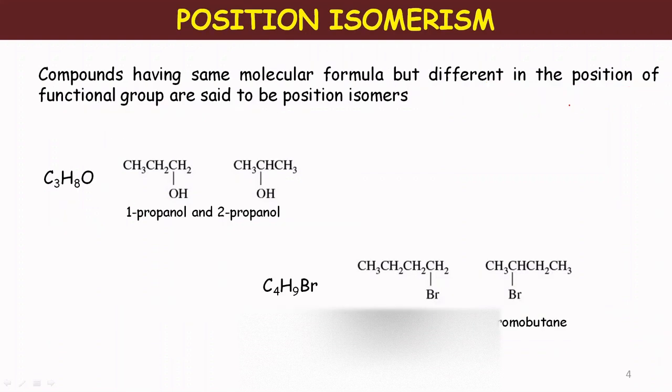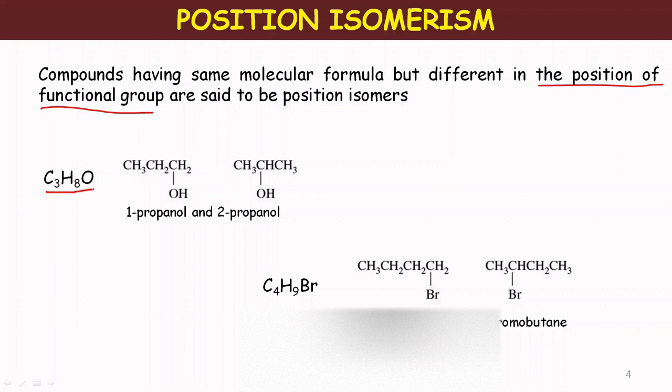So next one is position isomerism. Two or more molecules with the same molecular formula but having a difference in the position of the functional group on the carbon chain are called position isomers. Molecules with the same molecular formula but differences in the position of the functional group are known as position isomers.